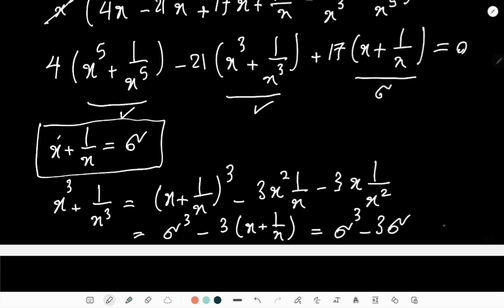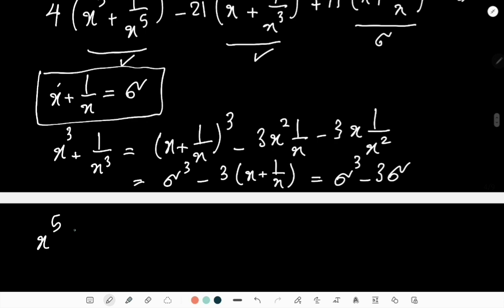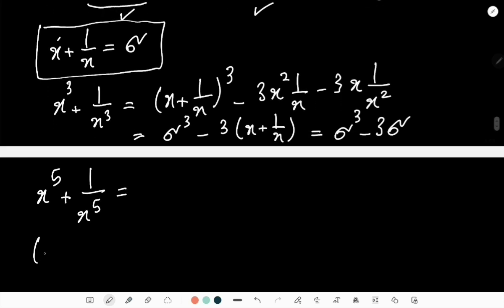Okay, so I got that. How about the second one? x to the power of 5 plus 1 over x to the power of 5. Again, I'm going to use this identity here, which is basically a plus 1 over a to the power of 5. I'm sure you know how to expand this, so I just know it by memory, and I'm going to write it.